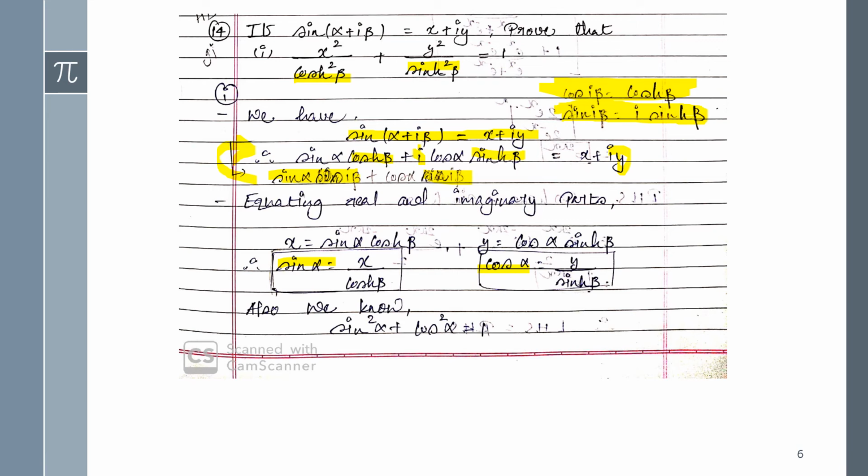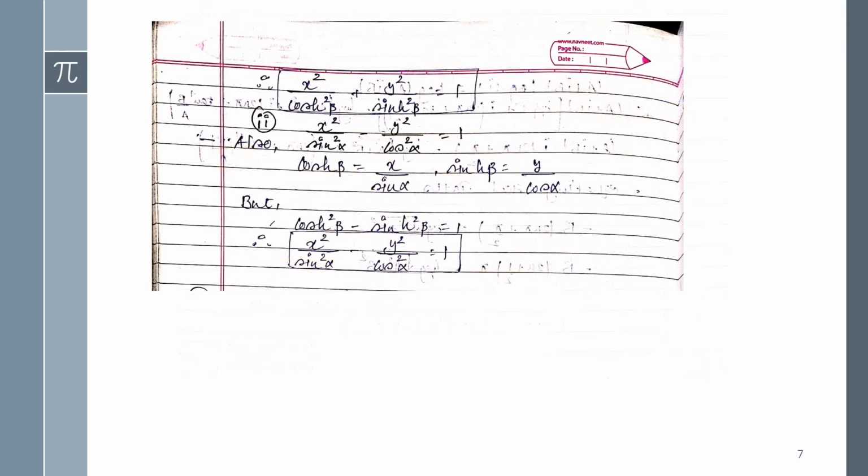Now we know one identity for sin and cos: sin square alpha plus cos square alpha equals 1. I hope you all know this identity very well. Now next, I'm just applying the values of sin and cos, because we have already found the values of sin alpha and cos alpha.